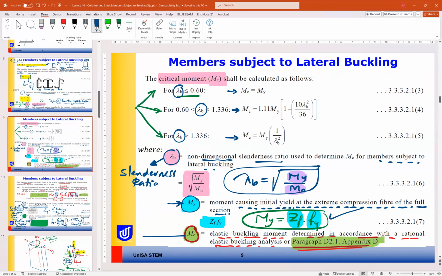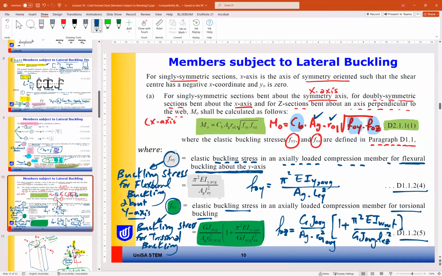Our second target is Mo. So Mo is equal to this formula here: CB A gross RO1 root FOY FOZ. So to find Mo, we need CB, A gross, RO1, FOY, FOZ.